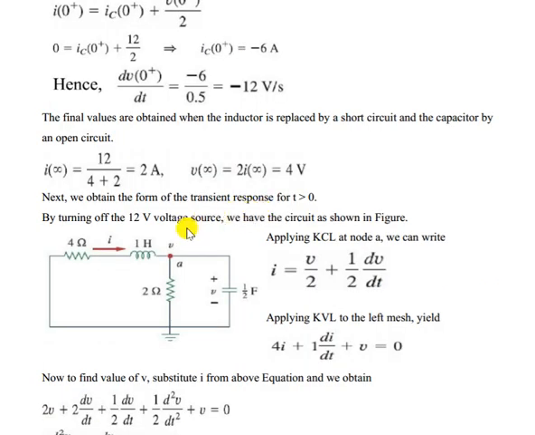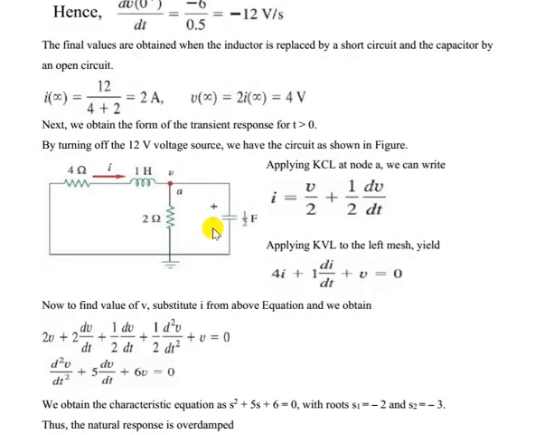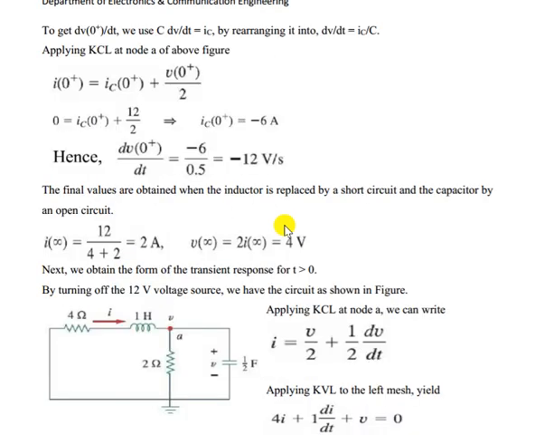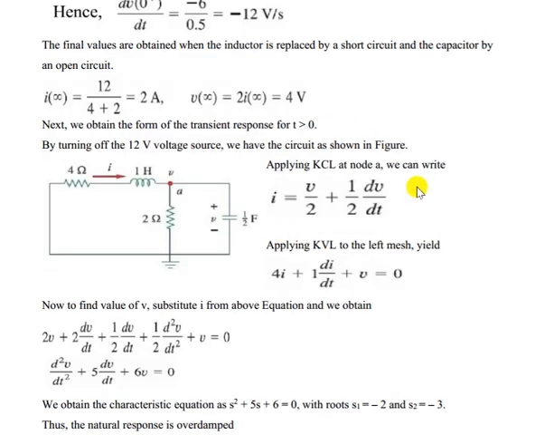Now here I am trying to derive the second order differential equation. By turning off the 12 volt source, the circuit is like that.